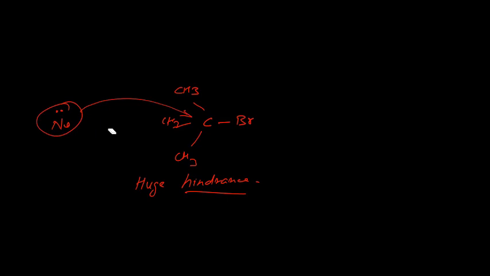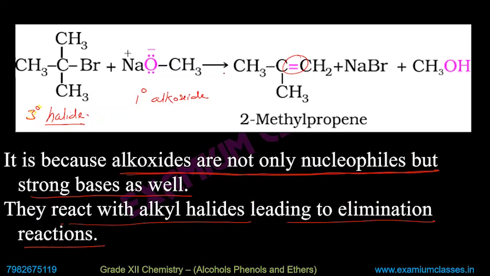Hence, elimination will take place. So bromine will go away and one hydrogen will go away, and a double bond will be formed. That is the reason here. So they react with alkyl halides, leading to elimination reaction instead of nucleophilic reaction.